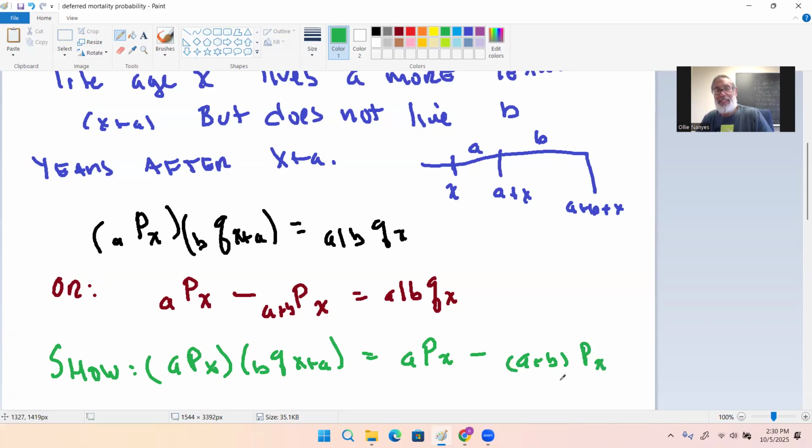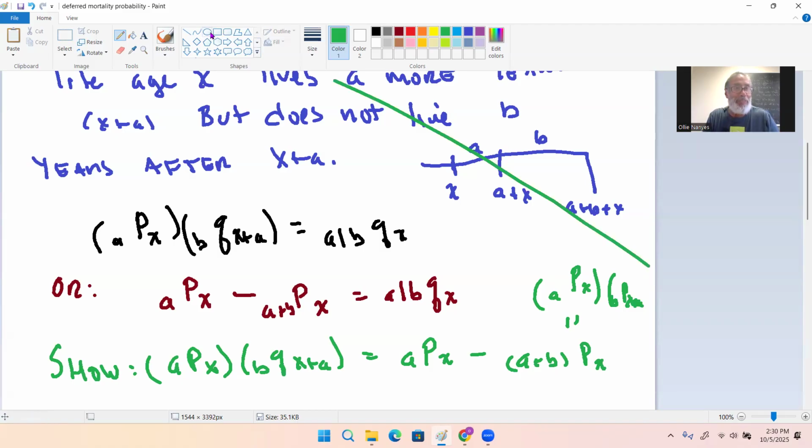Now that actually isn't hard if you decompose this part here: this person lives to A, but then dies. But then at X plus A, now makes it to B. Well, that's hard to read, so let's just get rid of that, and I'll give myself a little more room.